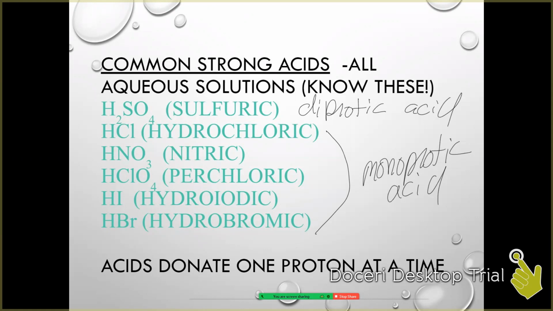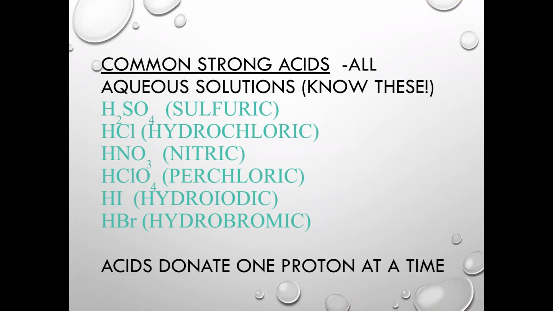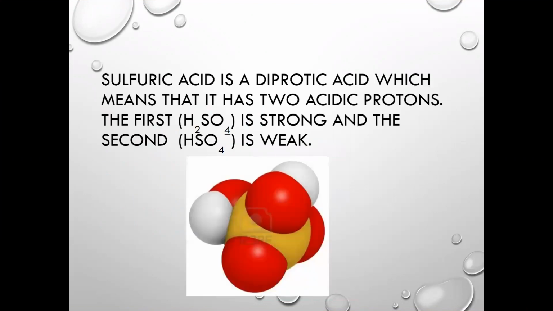Usually the first proton contributes more to the acidity of the solution, the second or third proton not as much. So sulfuric acid is a diprotic acid, which means it has two acidic protons. The first one is strong and the second one is considered weak, which I guess I probably jumped ahead of myself on.